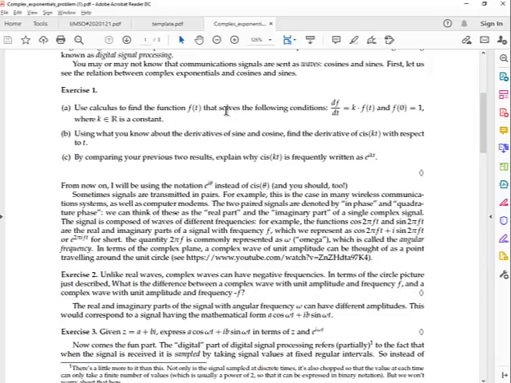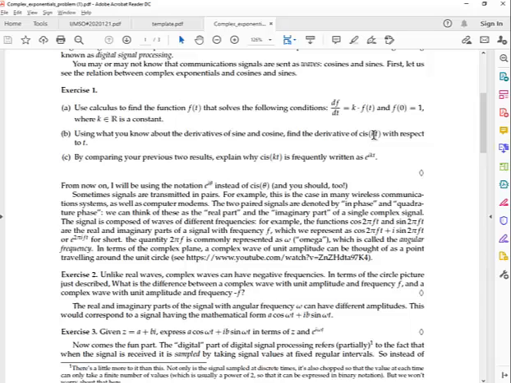Here, using calculus, I'm going to relate cis to the idea of complex exponential. Looking at derivatives, you find out that the derivative of cis acts very much like the derivative of a complex exponential. So remember, cis has cosine and sine. The real part is cosine, the imaginary part is sine.